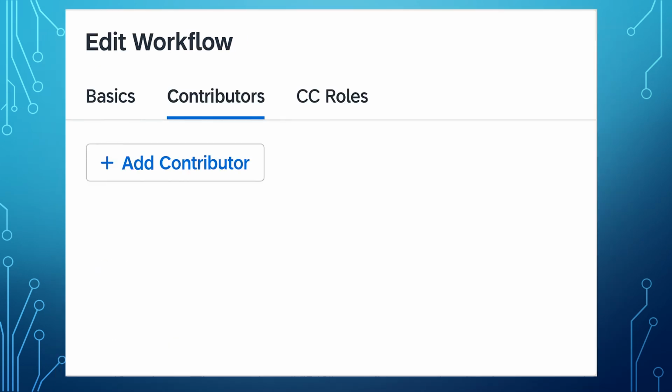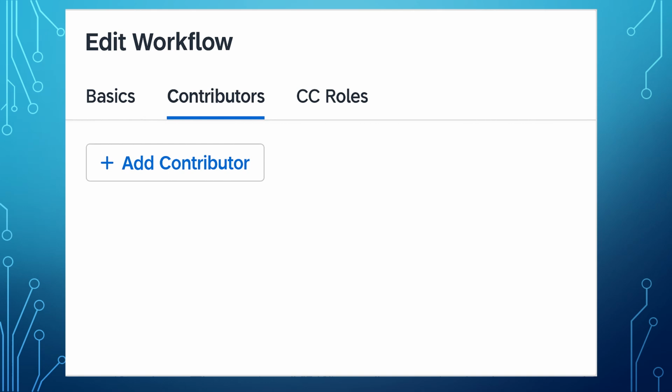Once you have created the workflow, you need to add the contributors and the CC. Contributors are those who will be involved in approving the workflow. CC roles are the ones who will be added as an email group. Whatever the approvals or notifications there will be, those will go to the CC roles.